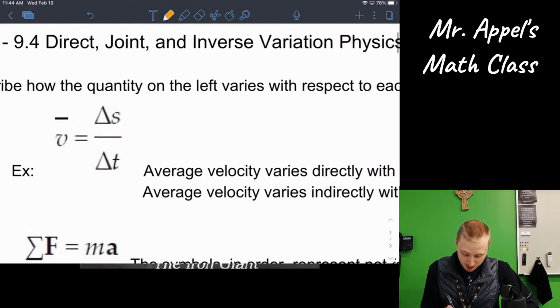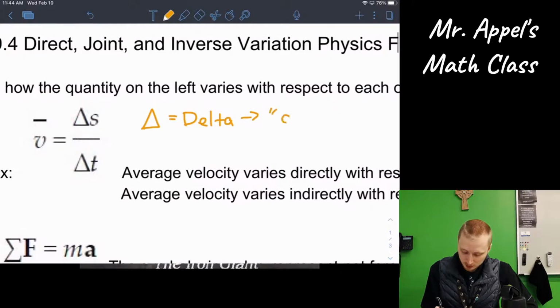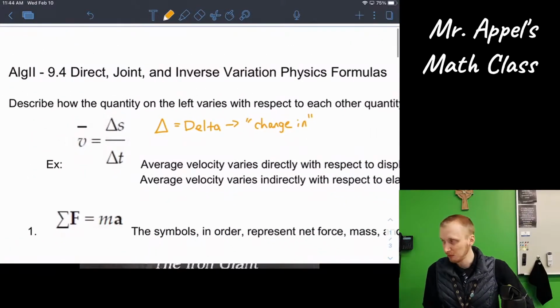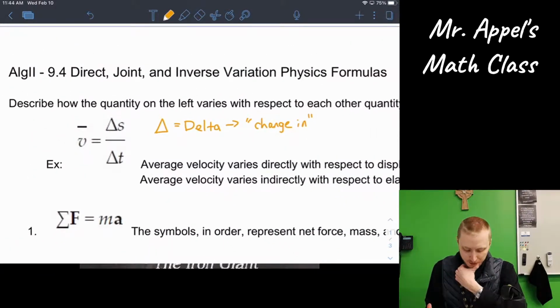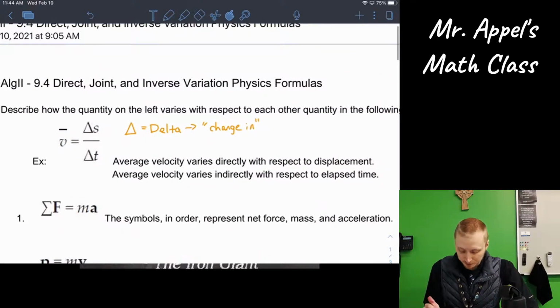Okay, and you're just going to have to get used to that. This is the Greek letter capital delta, and it represents change in. And actually, you might have gotten that one from chemistry already. I'm not sure. It'll show up there, right?